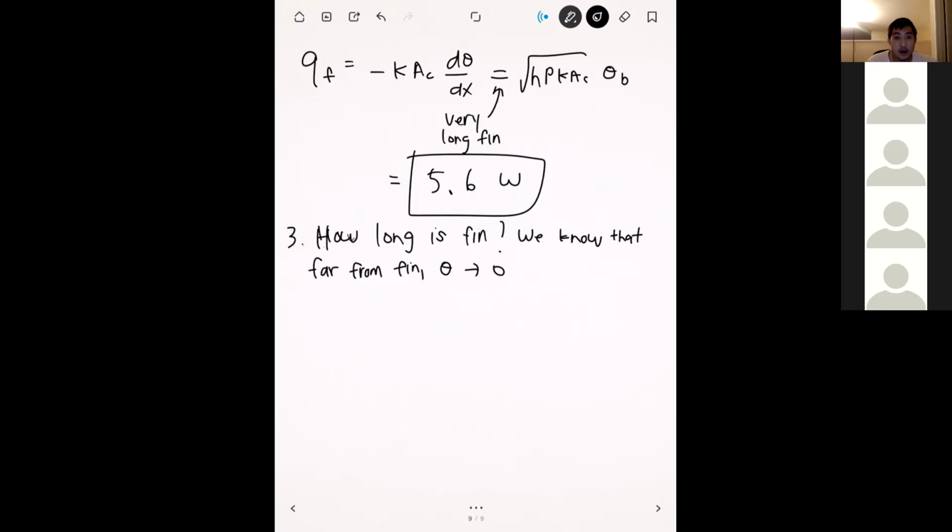And so one way that we can approach this is we can say that as we go farther away along the fin, theta is going to approach 0.